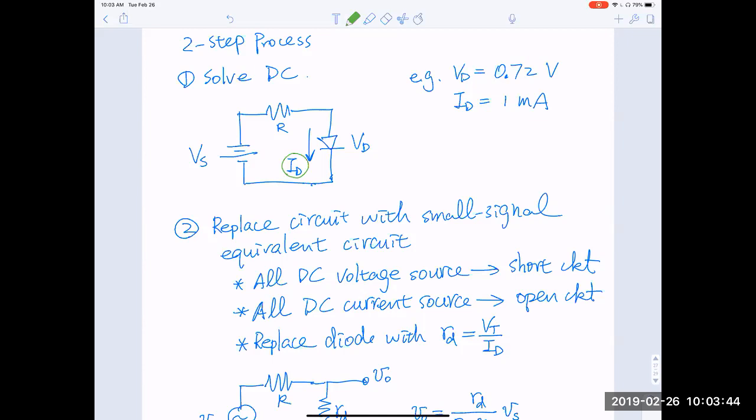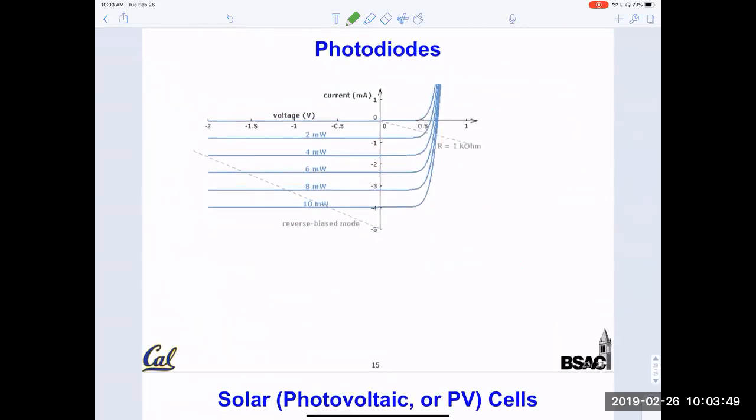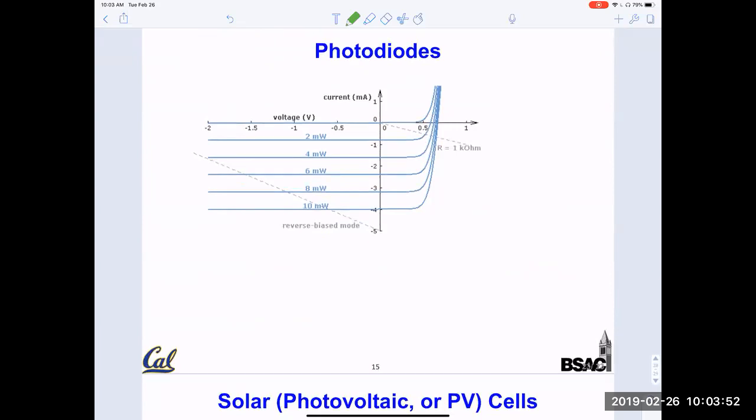Okay. Before we move on to MOS, kind of the heart of this course, I'd like to mention a common use of photodiodes, a common use of diodes. A diode is light sensitive when we reverse bias it. So this is all the cameras you have on your cell phone. Your cell phone now has, I don't know, 3 or 4 cameras, and pretty soon it may even reach 10 cameras, some with very high resolution.